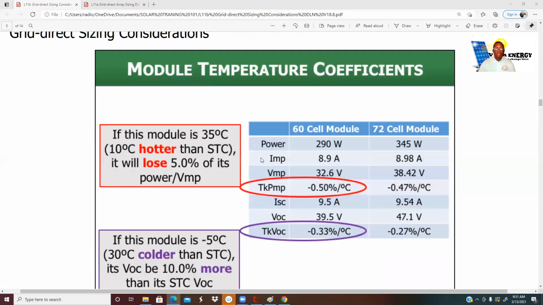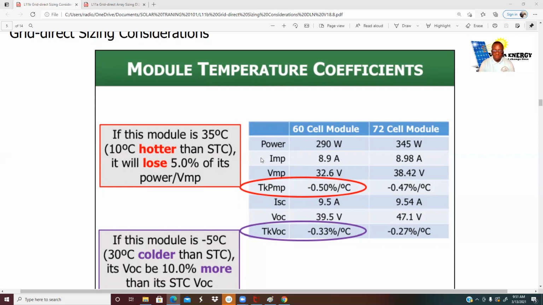Now, model temperature coefficients. TK PMP tells you right there. That is right on the data sheet. The information is given there, or maybe right on the nameplate behind the solar panel.